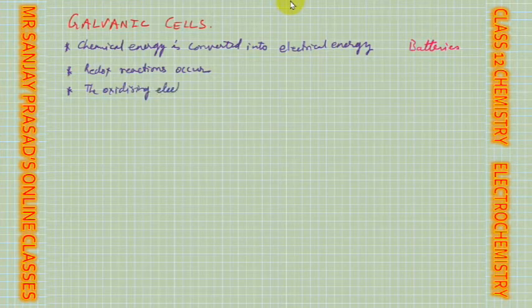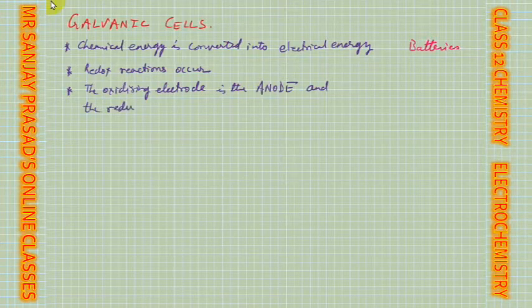Here the oxidizing electrode is the anode. Always remember this, the oxidizing electrode is the anode, and the reducing electrode is the cathode.